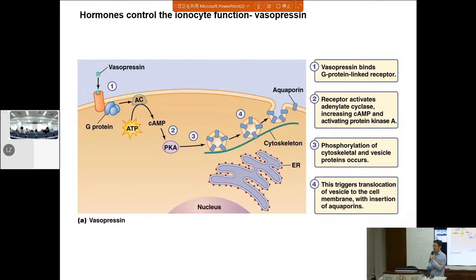When we checked their ionocyte number and the gene expression in the zebrafish gill, we found that the expression of the ion transporters responsible for the uptake of calcium, chloride and sodium was decreased, and the cell number also decreased. That is our finding.